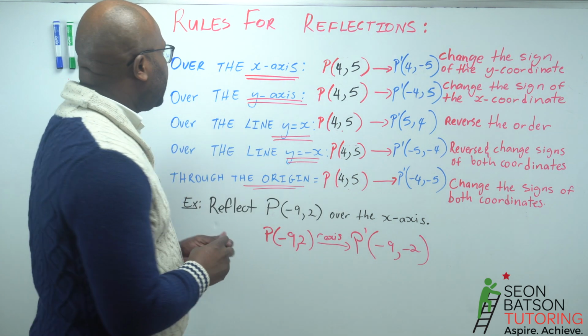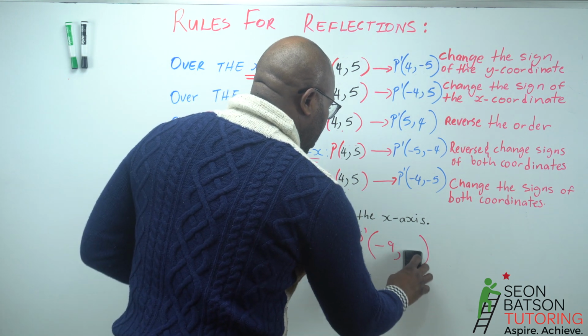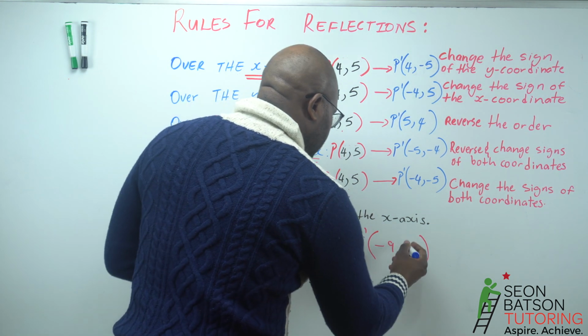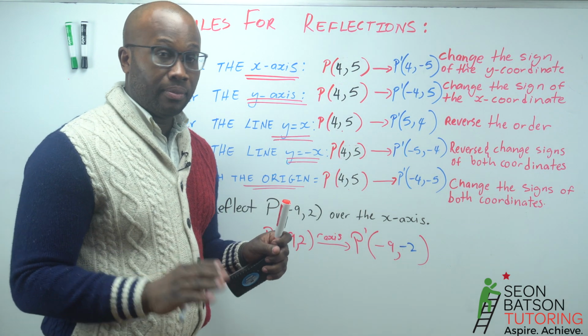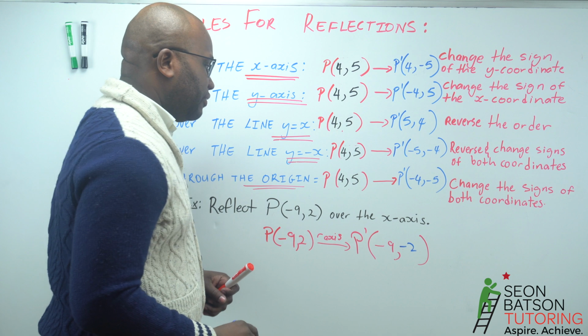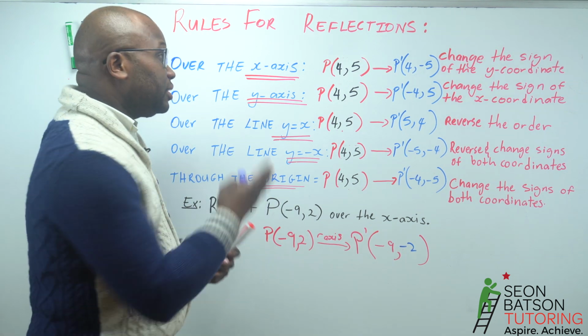See that? All I did was I changed the sign of the y-coordinate. The x-coordinate remains the same. I only have to change the sign of the y-coordinate. Get the idea? Just follow the rules.